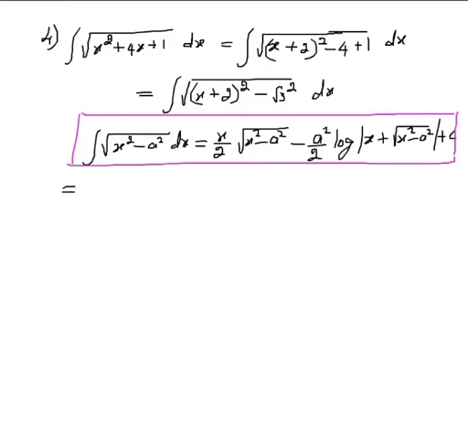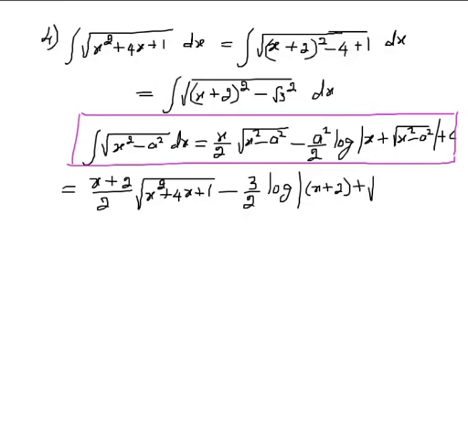In this question, x is x plus 2 root of the given expression. If you open the brackets of this expression and simplify, you will get the given expression which is given in the question. Minus a square. A value is root 3. A square is 3. And log of x is x plus 2 plus root of the same expression, which is x square plus 4x plus 1 and plus c.